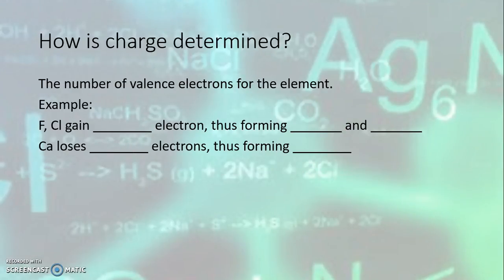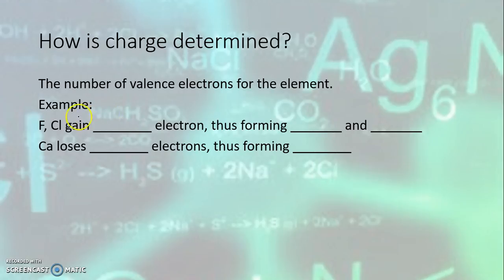Okay. So how is the charge determined? Well, remember the charge is determined by the number of valence electrons for that element. We know this already, but this again is just review. Fluorine and chlorine are both in the halogen group, which is group 17.